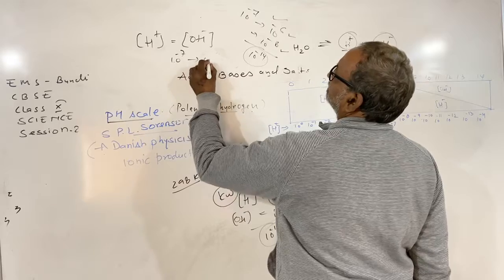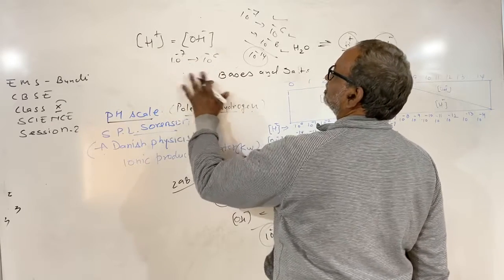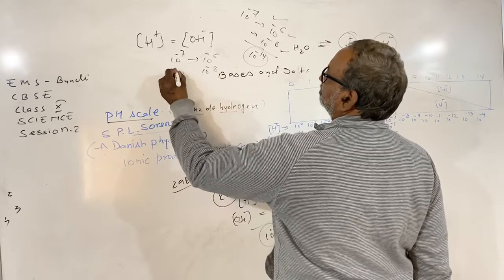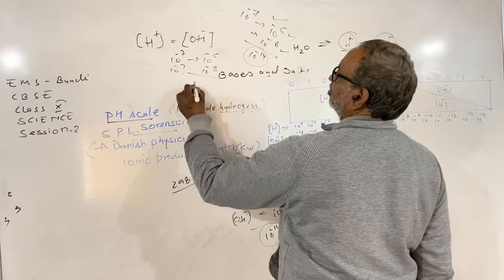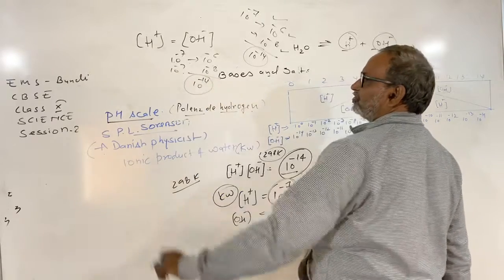The hydrogen ion concentration would be 10 raised to the power minus 8 from 10 raised to the power minus 7. So ionic product is 10 raised to the power minus 14.